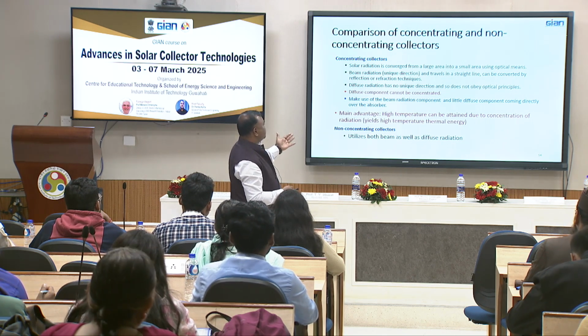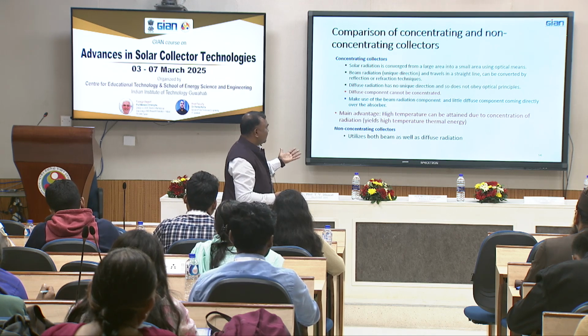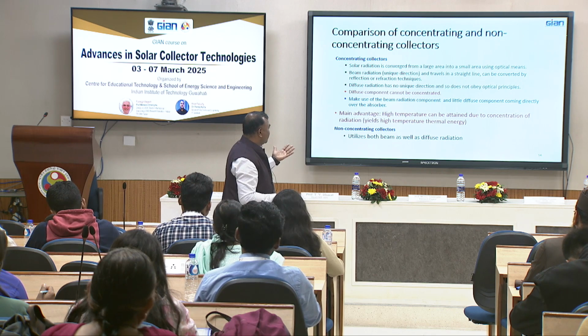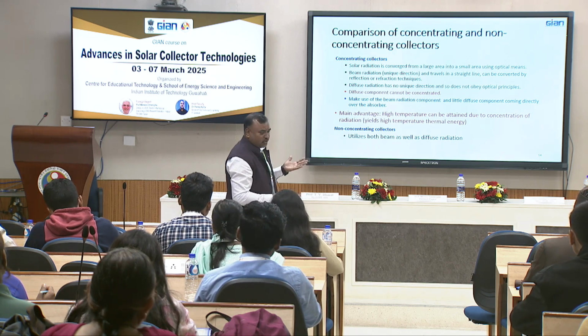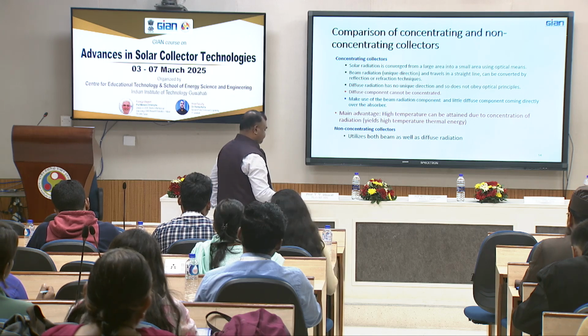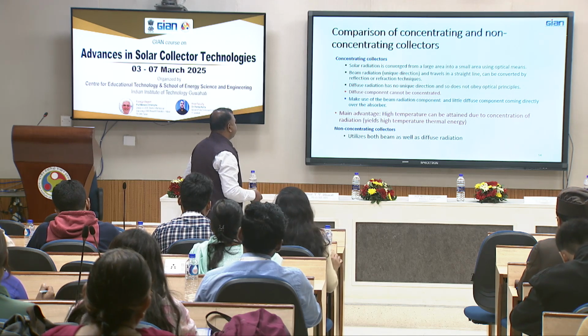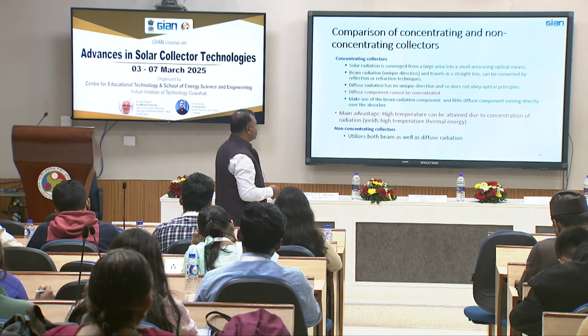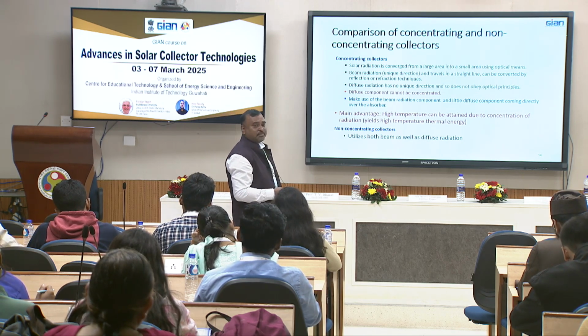The diffuse radiation has no unique direction, so it does not obey optical principles, and that is why we cannot concentrate diffuse radiation in a concentrator. And for concentrating collectors, the primary advantage is we can generate high temperature because of these optical means.